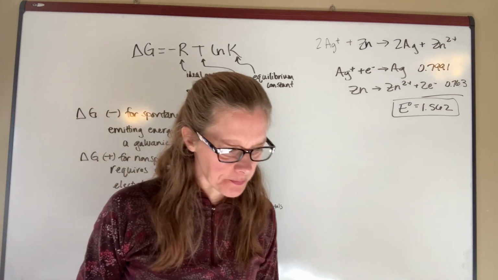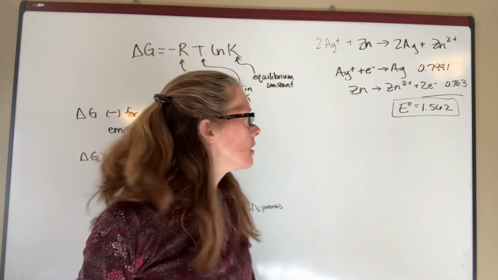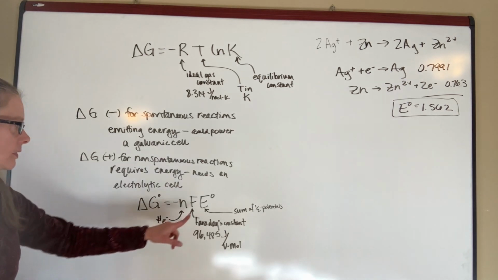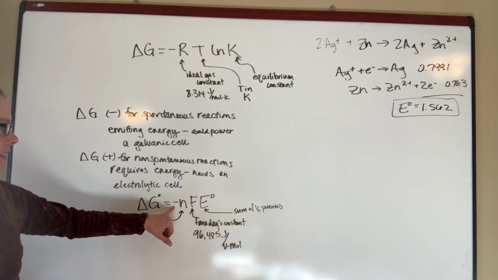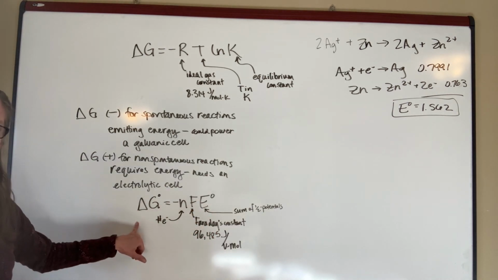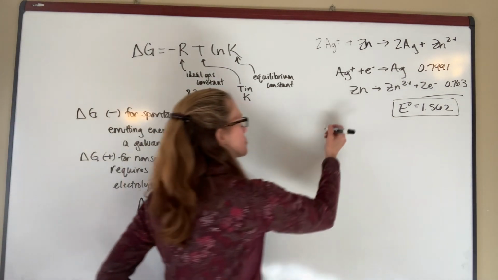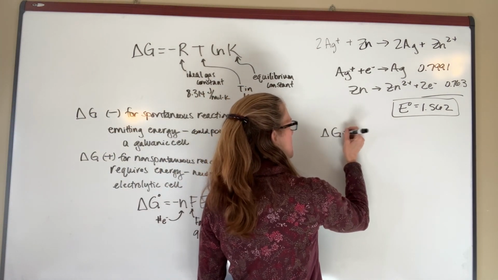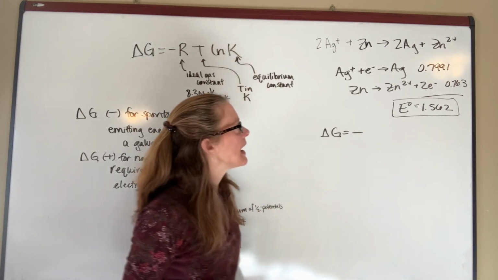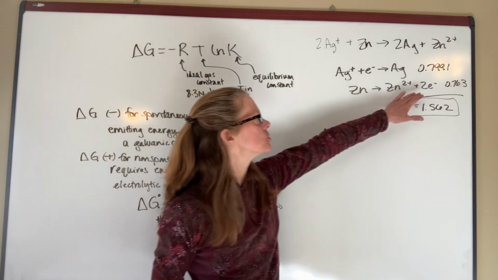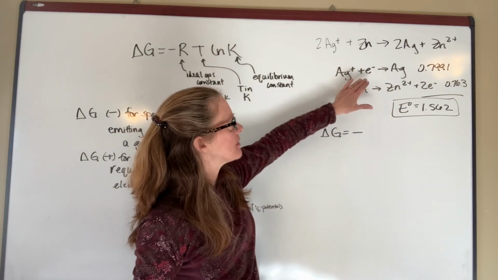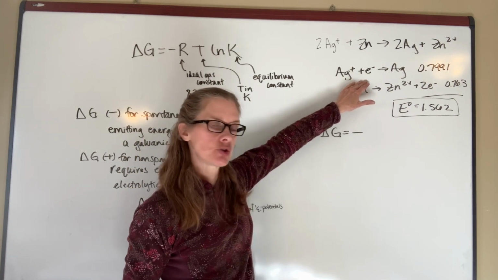Then it asked me to find delta G. Well, since I know E, and I know n, and I know Faraday's constant, this is the formula that I'm going to use: delta G equals negative nFE. The number of electrons, I've used 2 here, and if I was going to balance this, I'd have to multiply this equation by 2 also.